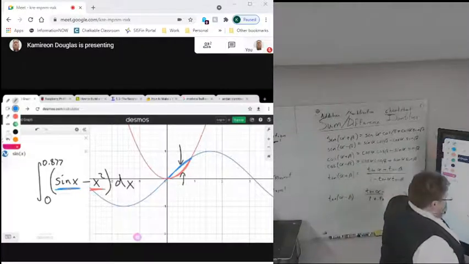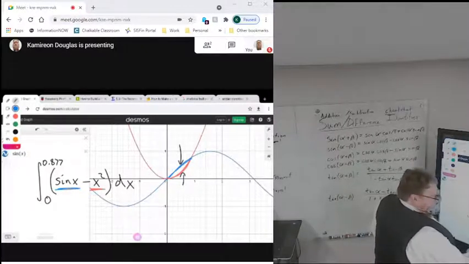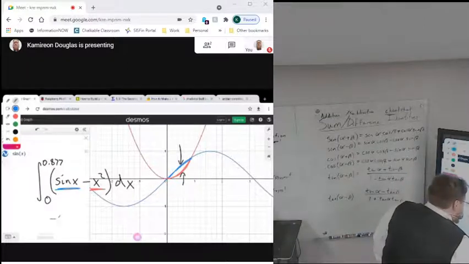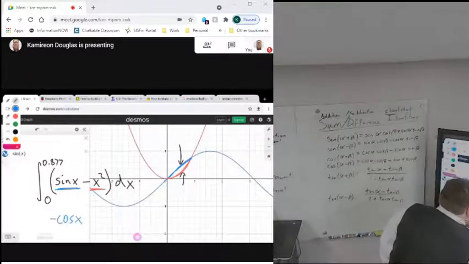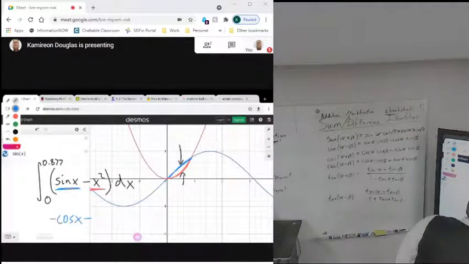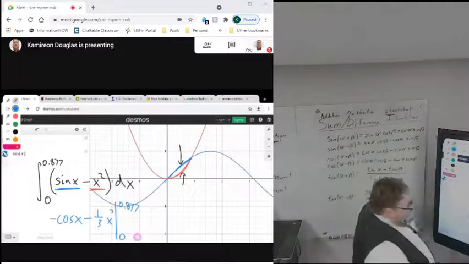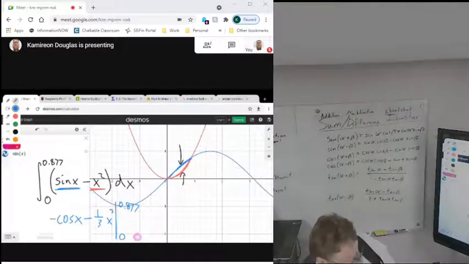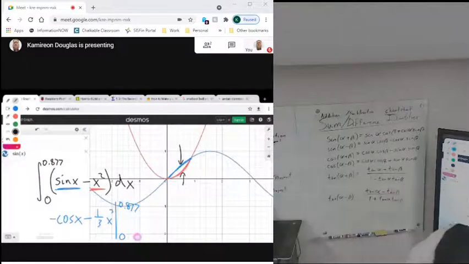Let's do it. So, integral of sine is negative cosine, minus x squared is negative 1/3 x cubed. And we're evaluating between 0 and 0.877. So I plug in the top one first, and I plug in the bottom one, and start solving. I'm going to show my work here.